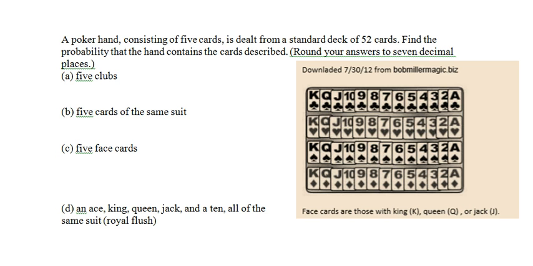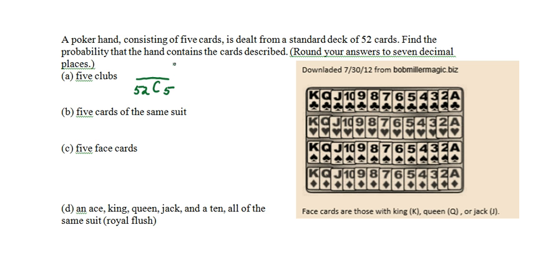Find the probability that the hand contains the cards described. Well, first of all, when you deal a 5-card poker hand, the number of ways that can occur is 52C5.